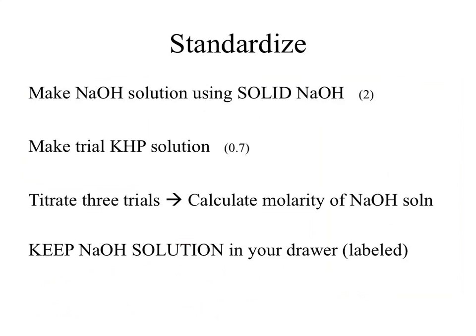For those of you that did do it, what was the amount that you're supposed to measure out? Roughly 2 grams. Pretty close. Okay. So 2 grams is roughly what you need to weigh out.